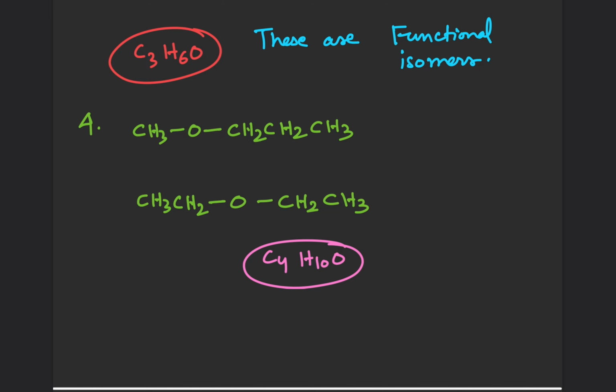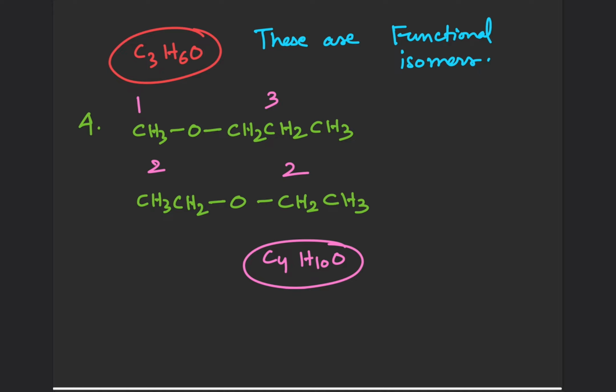Also, the number of carbon atoms on either side of the divalent oxygen is not the same in both of them. For example, in the first one, the divalent oxygen has one carbon atom on the left hand side and 1, 2, 3 carbon atoms on the right hand side. So 1 and 3. In the second case, it has two carbon atoms on each side.